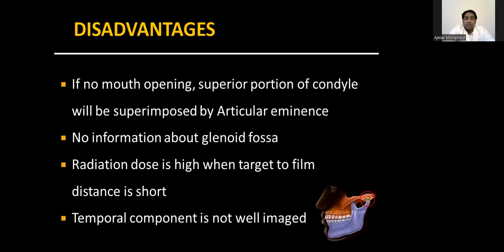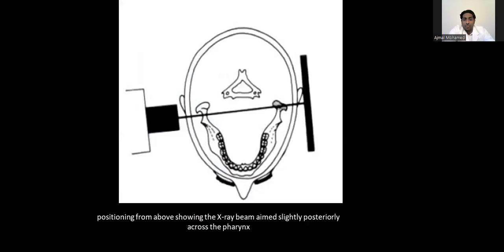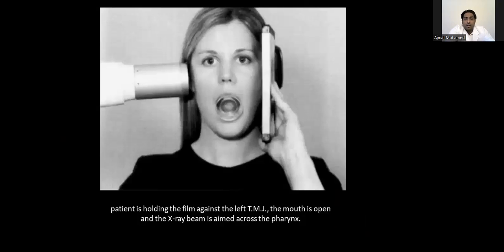So in the Parma modification or Parma projection, I'll show you this one. See, here the patient is exposed to an X-ray beam with the help of a position indicating device. But in the Parma modification, the position indicating device is removed and the direct X-ray beam will be kept nearer and nearer to the skin.